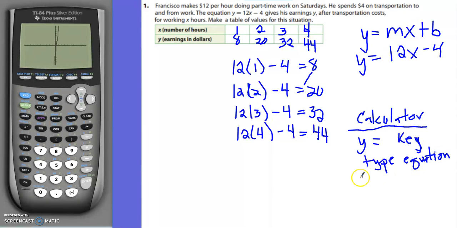After you type the equation, you're going to hit second, and then the graph key, which is in the top right, to get the table. All right, let's flip to the back side.